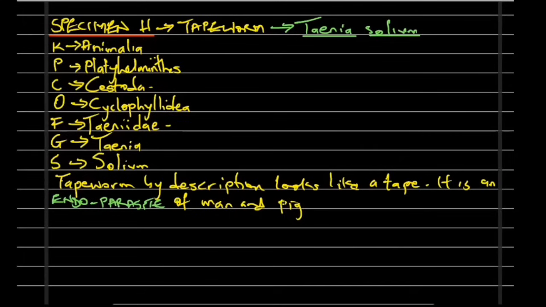Their body consists of many similar units known as the proglottids.